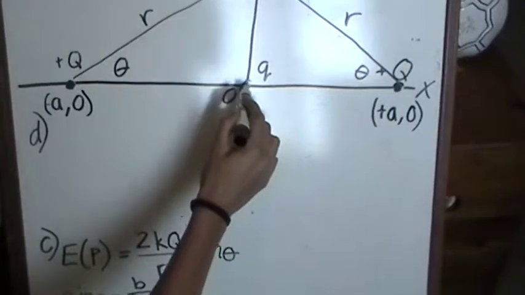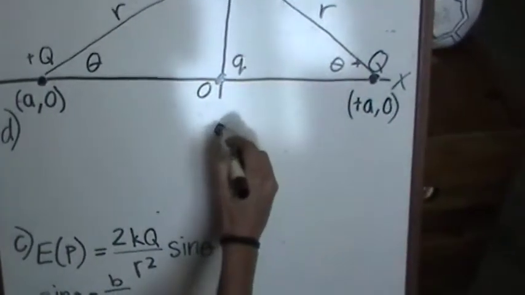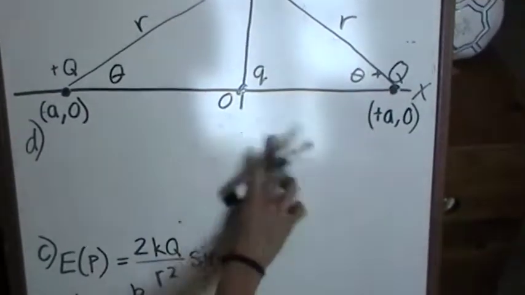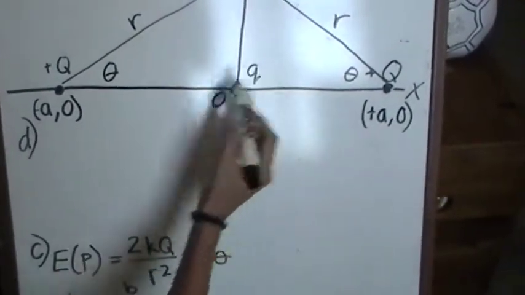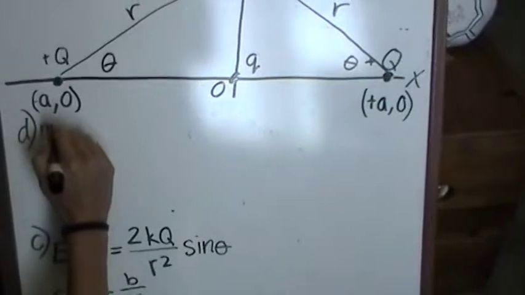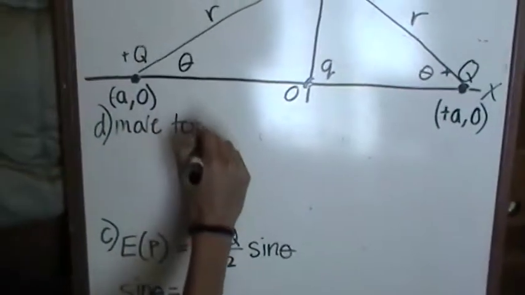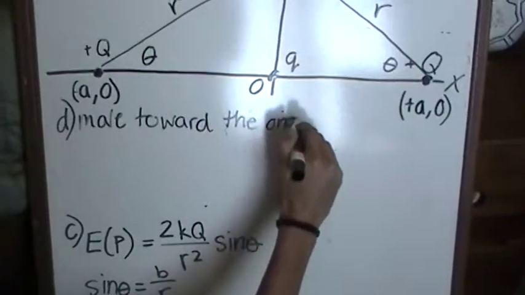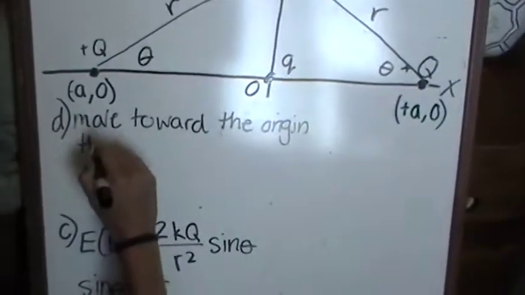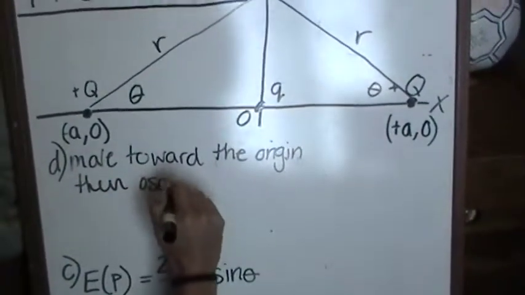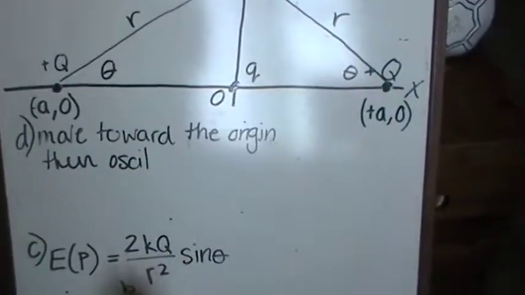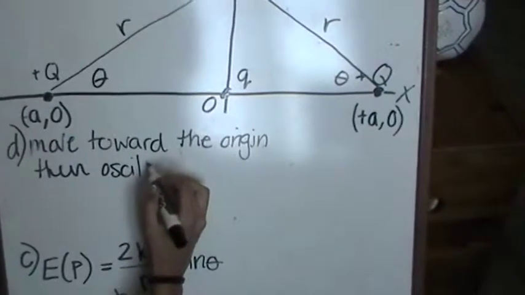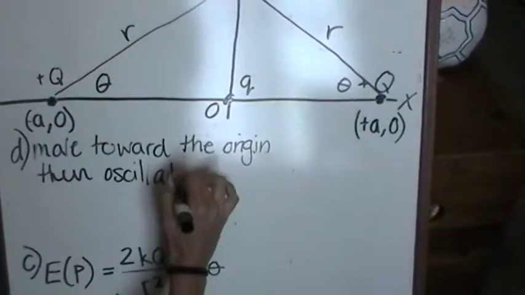It's just going to go kind of like that about the origin after it moves back towards the origin, because it's displaced slightly off the origin. How do you spell oscillate? O-S-C-I-L-L-A-T-E.